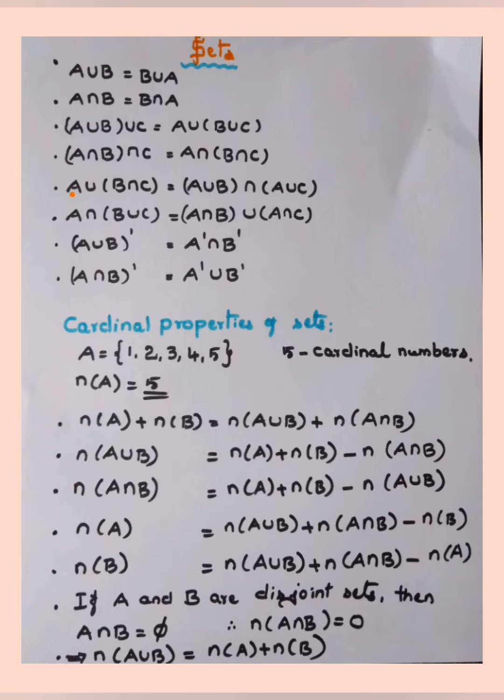Next one, A union (B intersection C) can be written as (A union B) intersection (A union C). Then A intersection (B union C) is equal to (A intersection B) union (A intersection C).